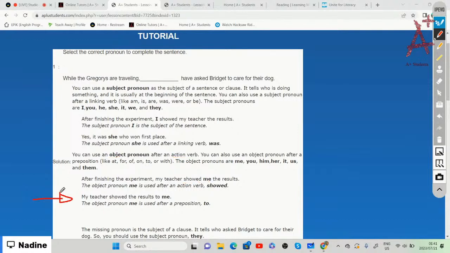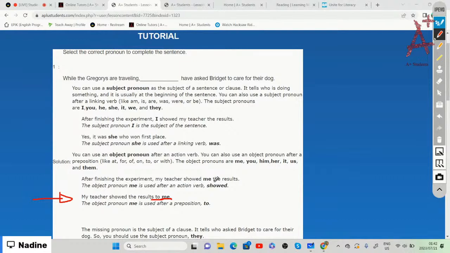All right, the next one. My teacher showed the results to me. So the word me is an object pronoun, and it comes after the preposition, which is to.